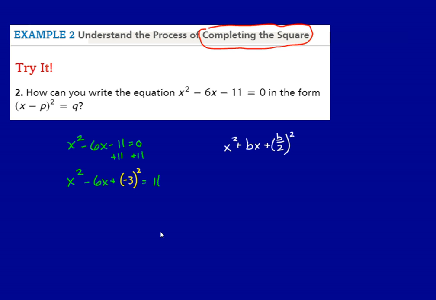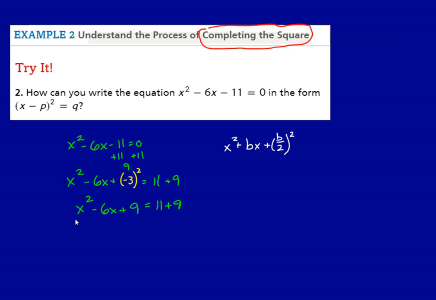So what is negative 3 squared? Well, that's 9. So I'm going to add 9 as well. So this becomes x squared minus 6x plus 9. And over here I have 11 plus 9. Because if I do it to one side, I have to do it to the other.